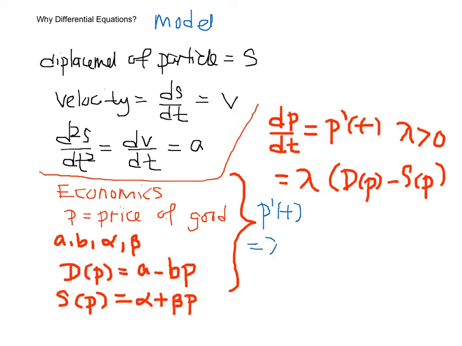So you end up seeing lambda times a minus b P, because P is price and dependent on time, and you minus lambda again, but this time you substitute the S function, alpha plus beta P. So really this P prime of t equal to this on the right side is the differential equation which represents the rate of change, the speed at which a price changes. So this is another use of differential equations.